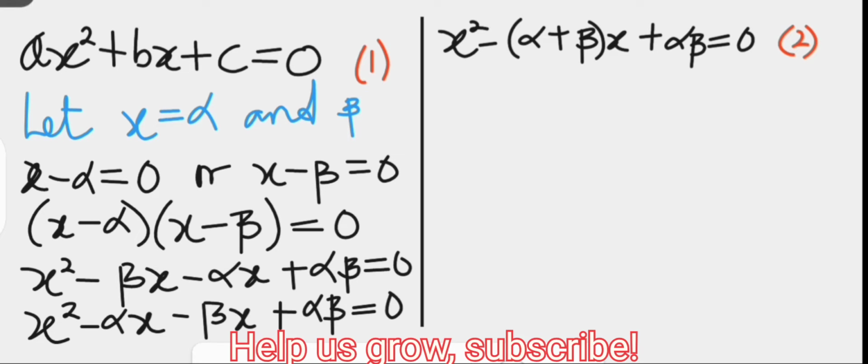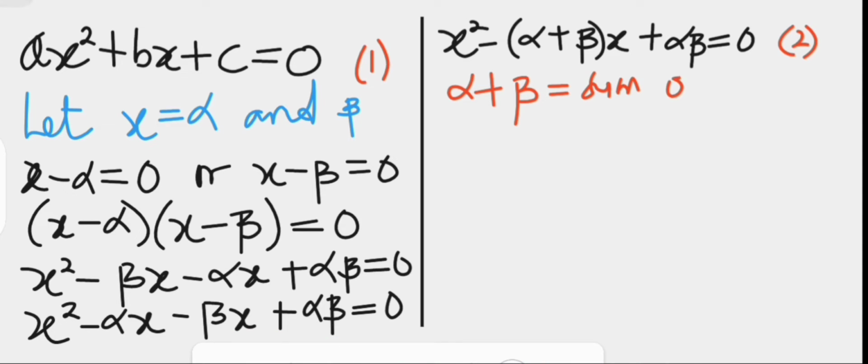This is another form of quadratic equation, and it can be seen that alpha plus beta here is the sum of the roots we started with earlier, while alpha beta is the product of the roots.